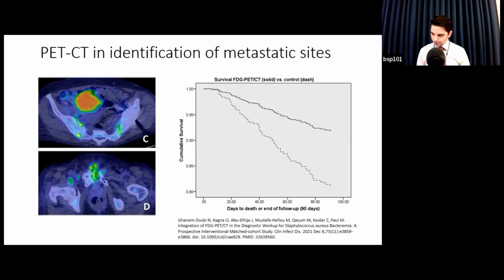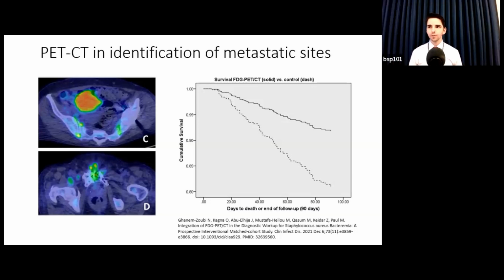A study group in Europe integrated PET-CT into their endocarditis algorithm and performed it in every patient who was admitted with Staph aureus bacteremia, specifically with a community-acquired disease. And of those 150 patients that they reported, they found sites of infection that they were not expecting in around 40%.